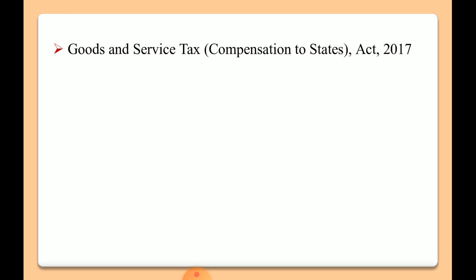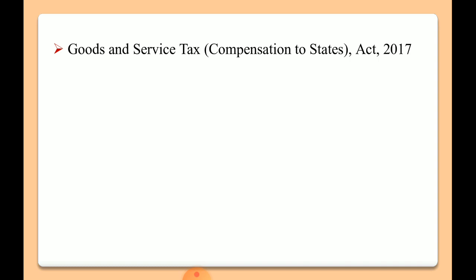The next important feature of GST is the Goods and Services Tax Compensation to States Act 2017. As the name indicates, compensation to states act, this act was introduced only to compensate the states in case of loss of revenue due to application of GST.